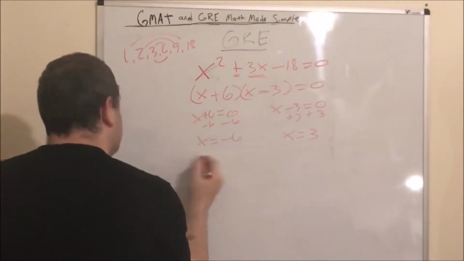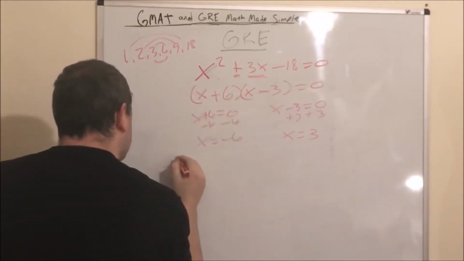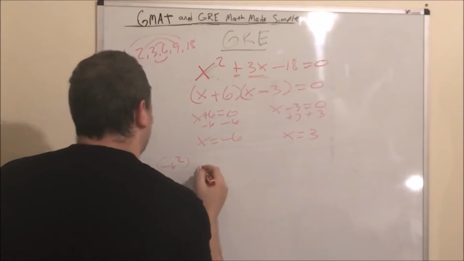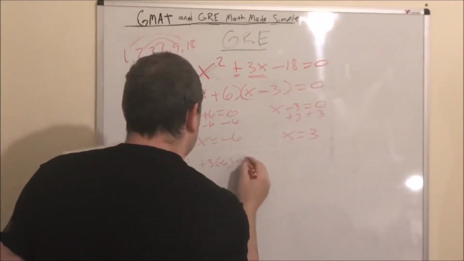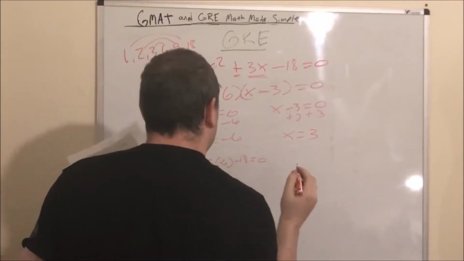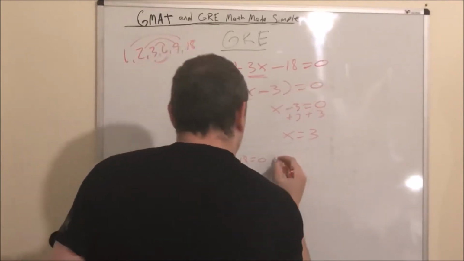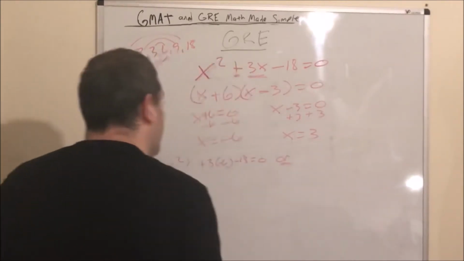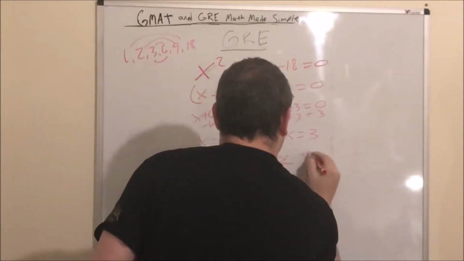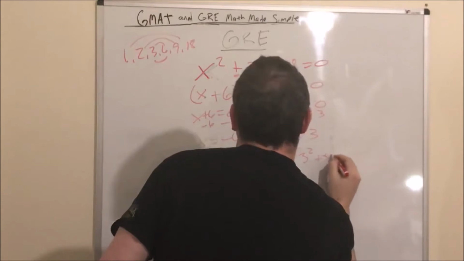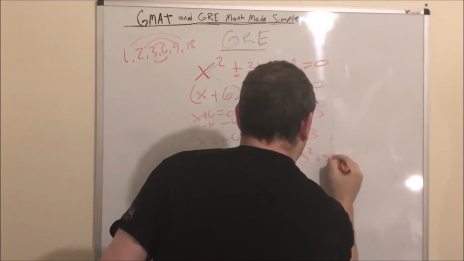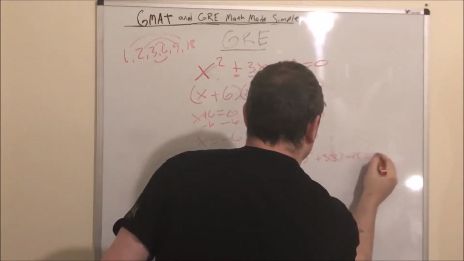We can put the negative 6 in here, so you have negative 6 squared plus 3 times negative 6 minus 18 equals 0. Or we have 3 squared plus 3 times 3 minus 18 equals 0.